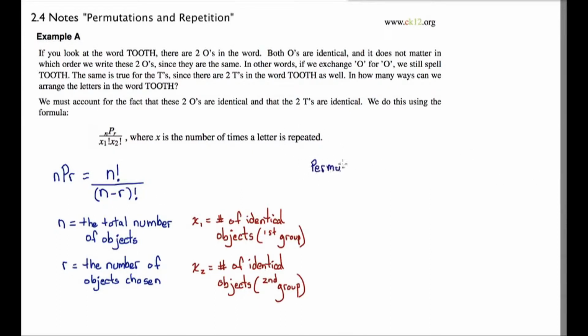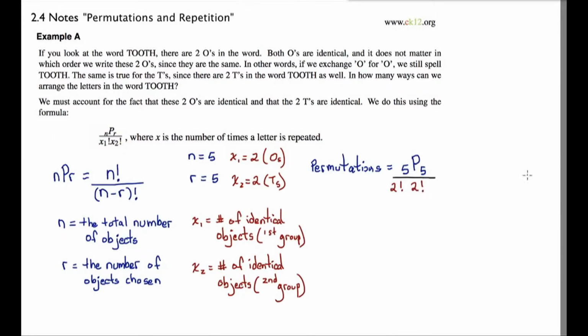So in this problem, we have n equals 5 and r equals 5 because we have 5 objects and 5 slots. And x sub 1 we have 2 because there's 2 O's, and x sub 2 would also be 2 because there's 2 T's. So in the formula we're going to use the permutation formula nPr divided by x1 factorial times x2 factorial.